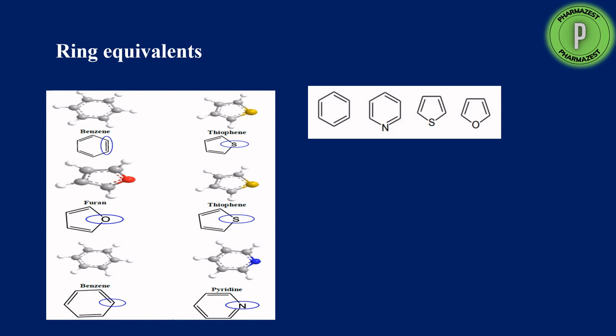There won't be any change in the biological activity, because they will have the same size and occupy the same valency. So this benzene group can be replaced with any of these functional groups without causing much change in the activity or the arrangement of the functional groups.